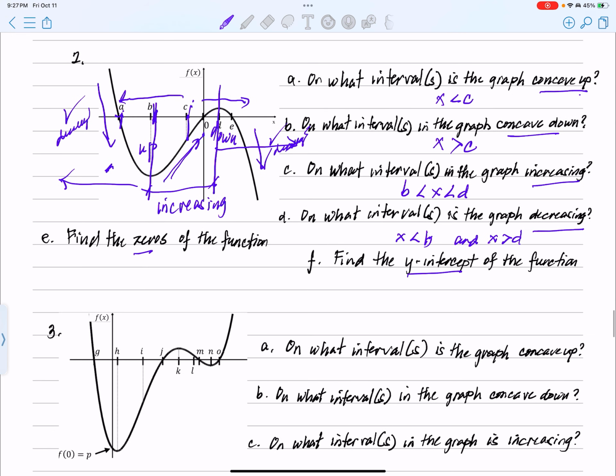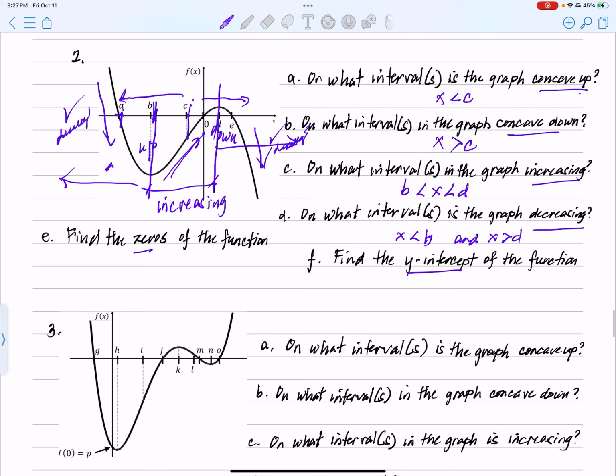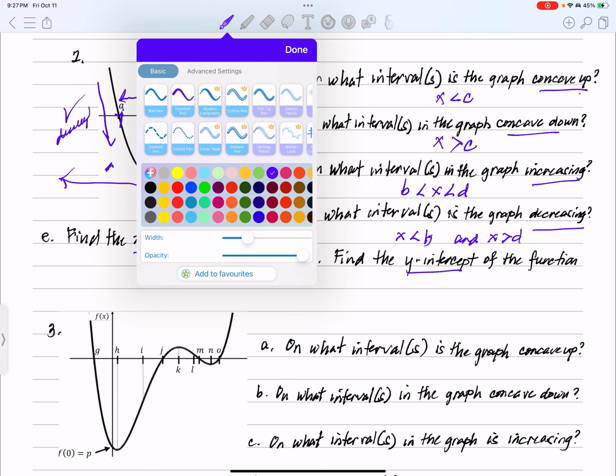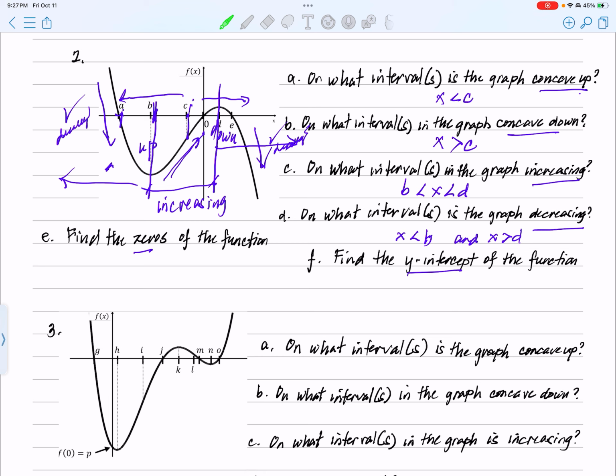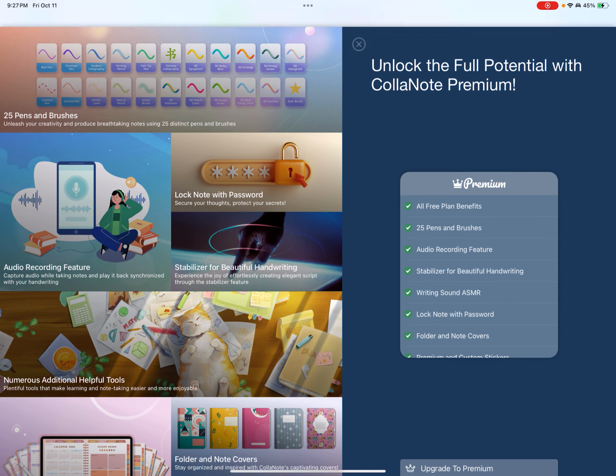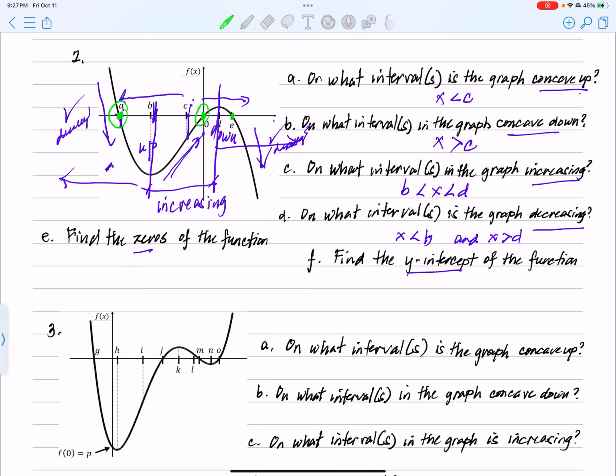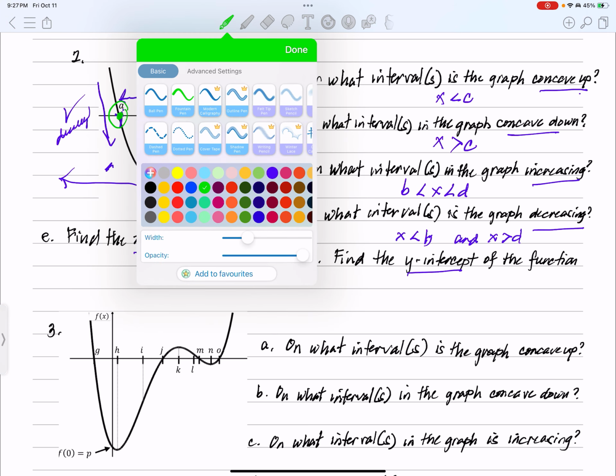Do we see zeros? Okay, I'm gonna use another color here. Where it hits the x-axis, this point, the graph passes through the x-axis, and this point right here. So we have 3 zeros. All right. Let me change the color here.